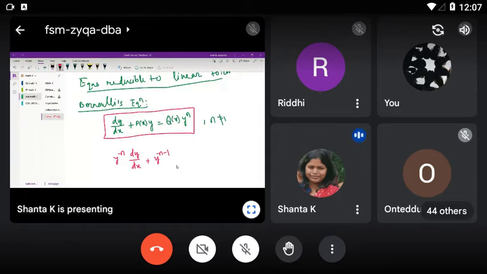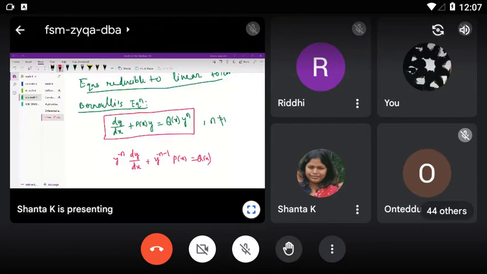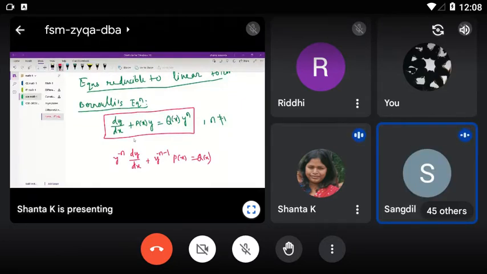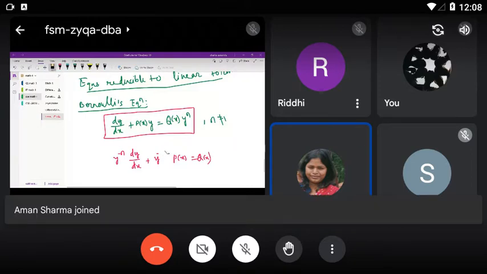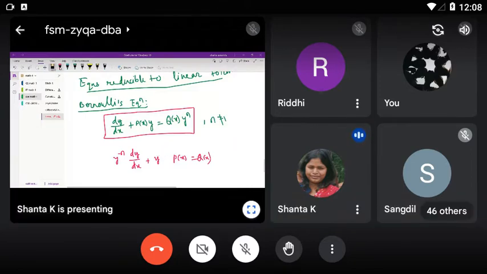So here, if you divide it, it will be p of x, and we have q of x. Sorry, that will be 1 minus n, 1 minus n.